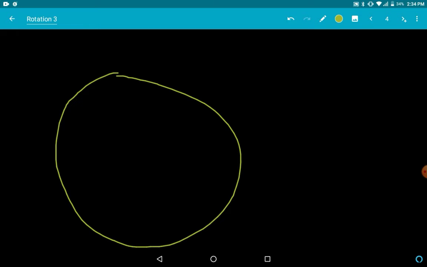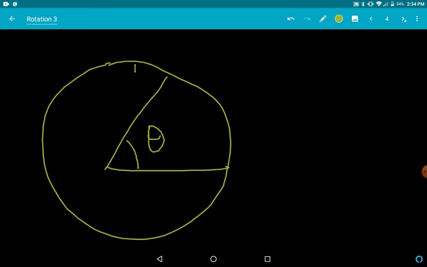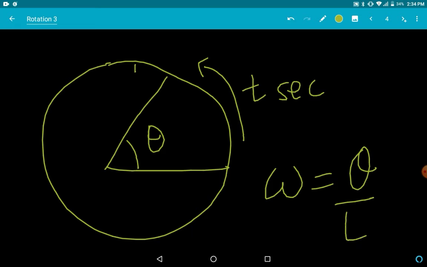What does this mean? If a body is traveling through theta angle in t seconds, then the angular velocity is theta by t. And what is the SI unit of this? The SI unit is radian per second.